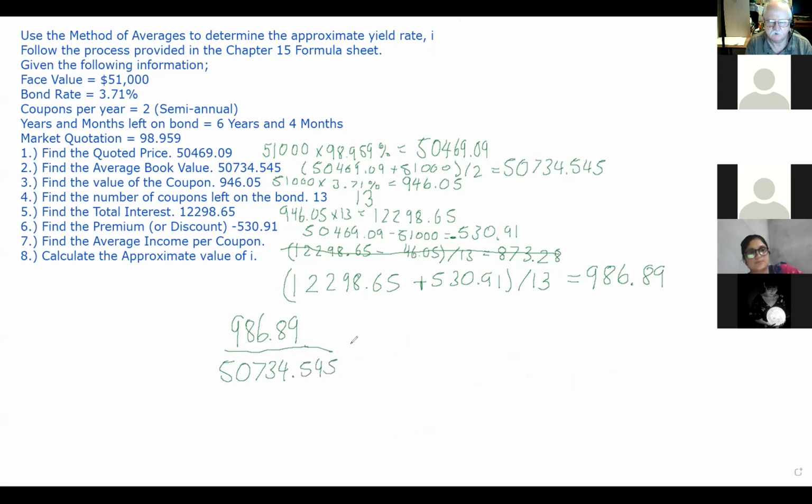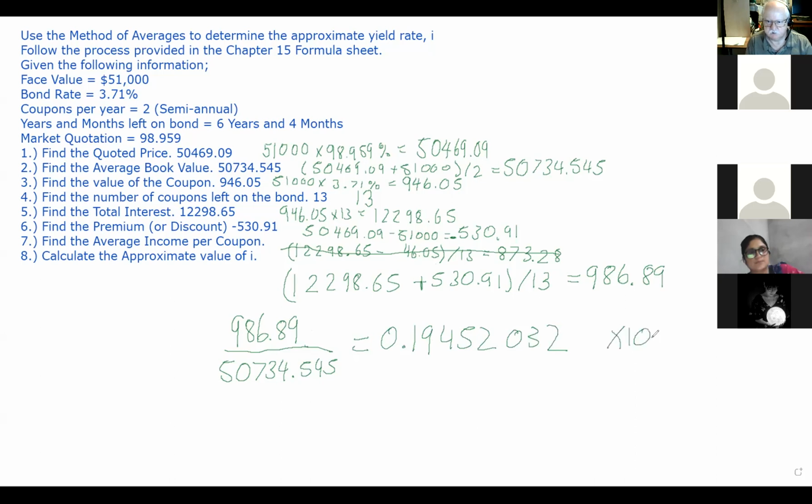Helps if you actually read the instructions when they're sitting right in front of you. 50734.545. Let's try all that again. 986.89 divided by 50734.545. So now I'm getting 0.019452032.